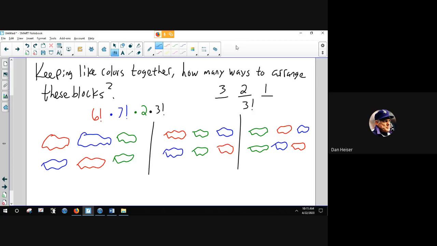So this ends up being a rather large number: 6 factorial times 7 factorial times 2 times 6.